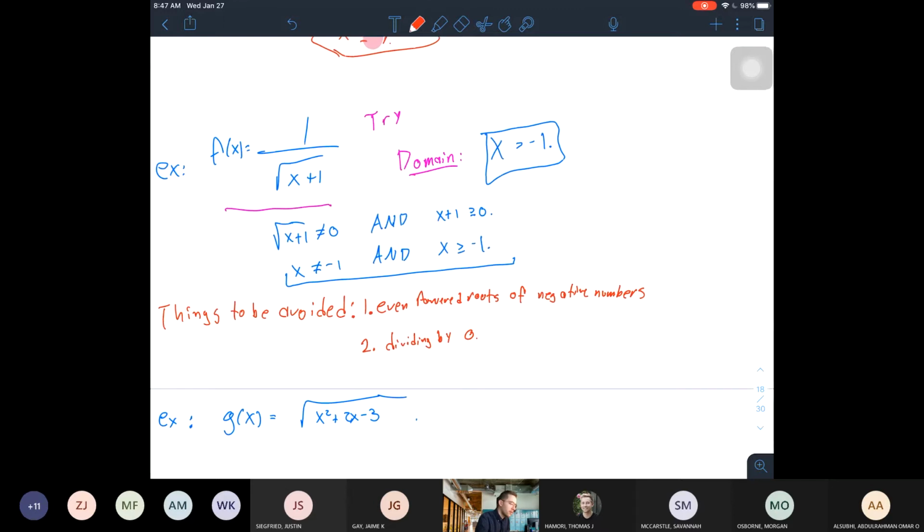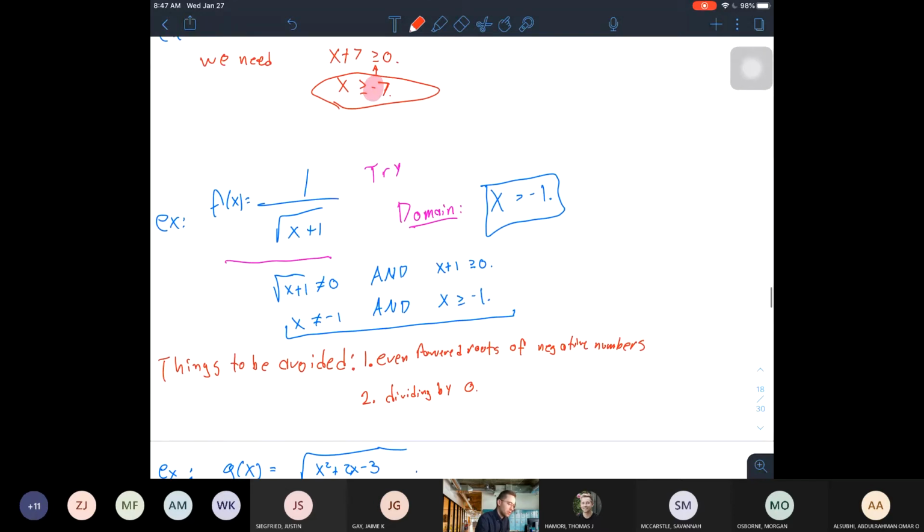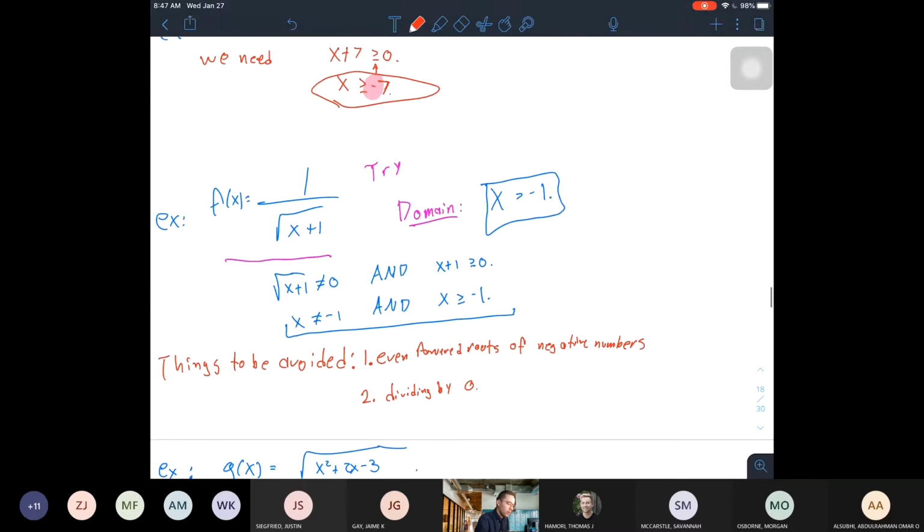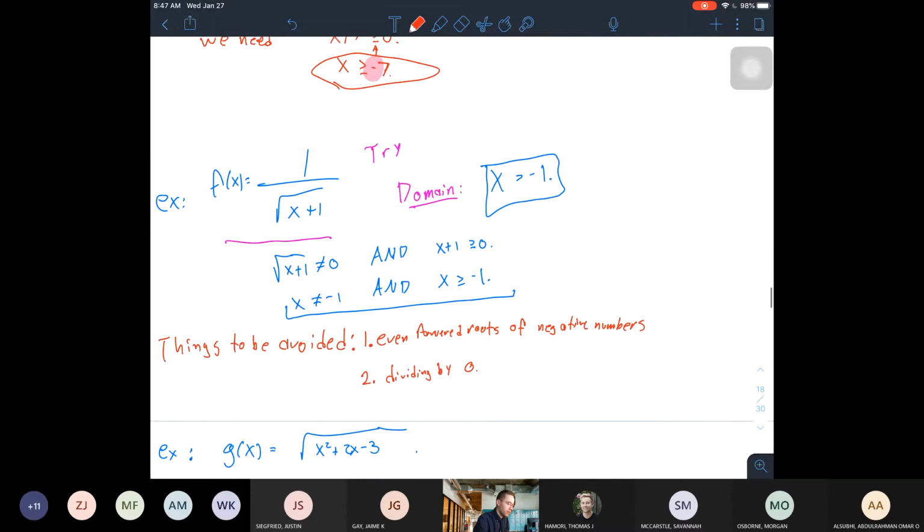So we should exclude from our domain any numbers which will result in the evaluation of our function requiring one of these two things. Those are the things that we want to avoid.